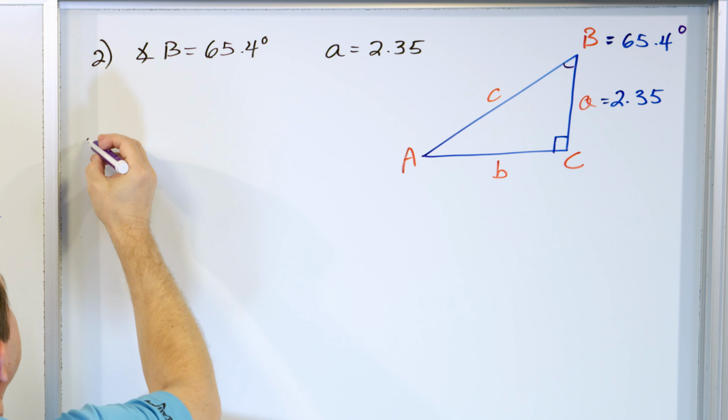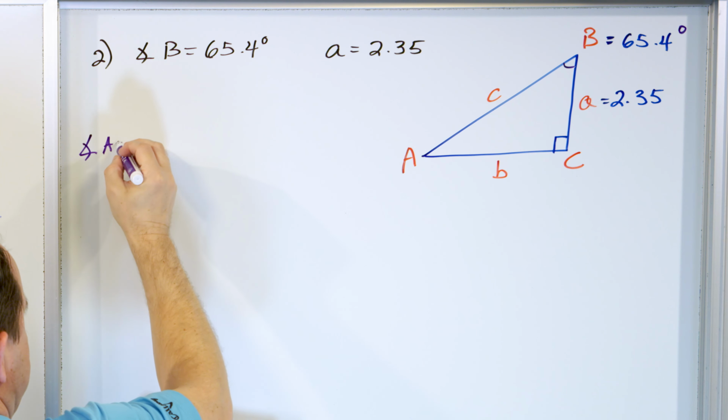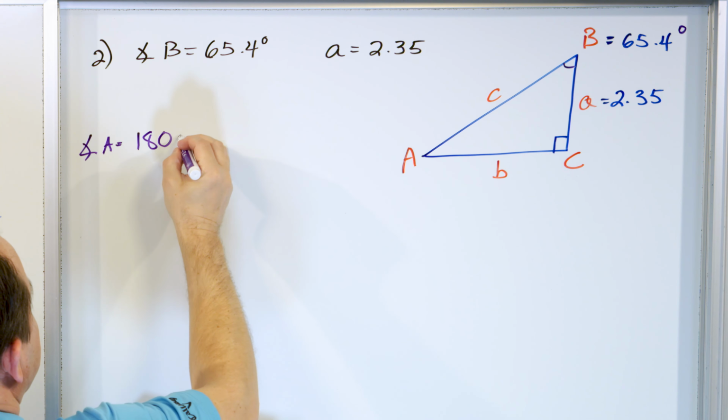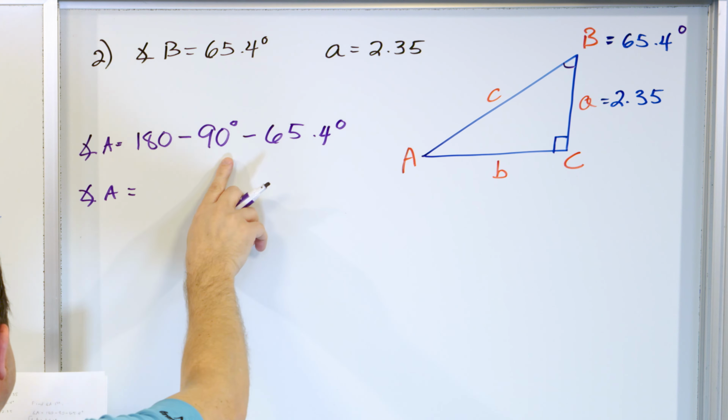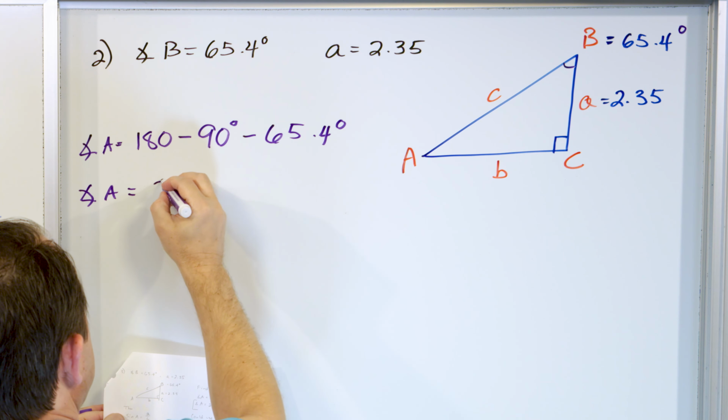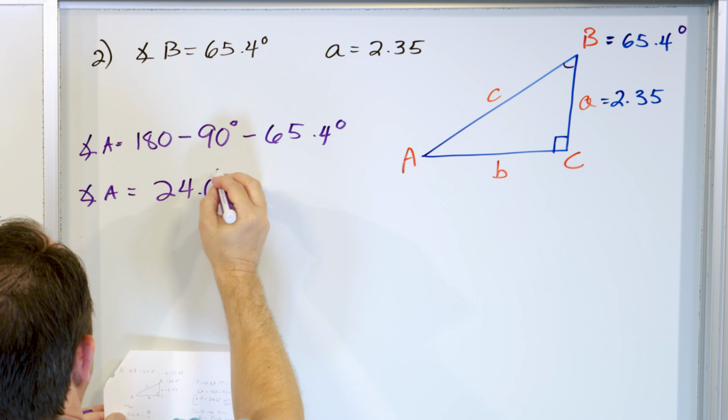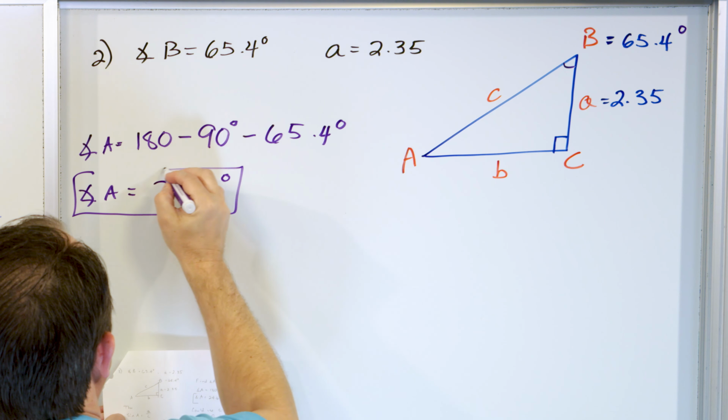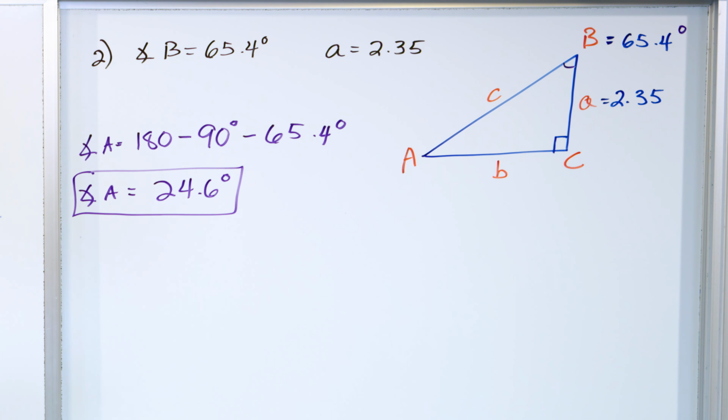So straight away I can say that angle A has got to be equal to 180 degrees minus the 90 degrees from here, and then minus 65.4 degrees. When you take 180 minus 90 minus 65.4, you get 24.6 degrees. And you don't have to do any sines or cosines for that. It's done.